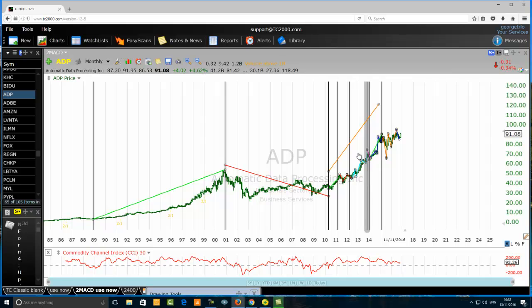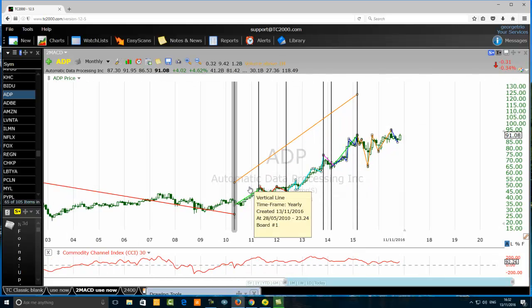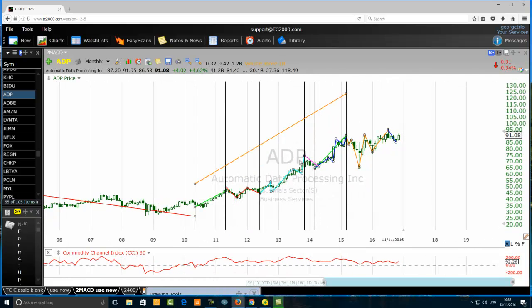All this section that I highlighted with orange is the third Elliott wave, which is a really complex third Elliott wave, because the third Mano wave of that third Elliott wave is also complex, and the fifth Mano wave of that third Elliott wave is also a complex fifth Elliott wave. The second Mano wave of that third wave is also a complex second Mano wave. So we have a really complex third Elliott wave.